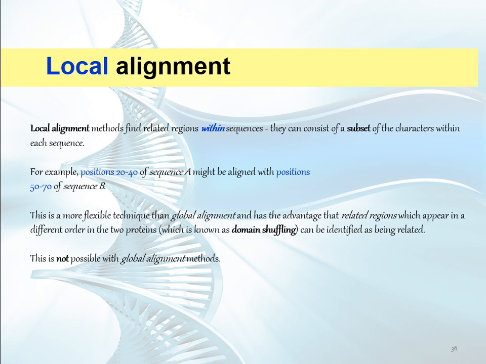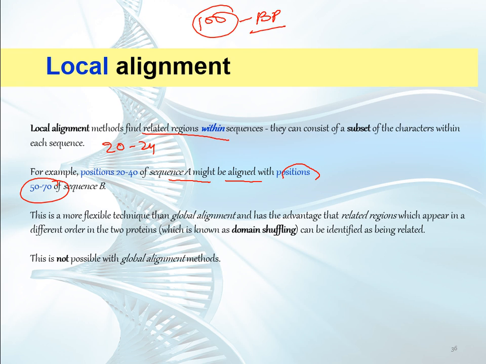So next one is local alignment. Local alignment methods find related regions within sequences. They can consist of a subset of the characters within each sequence. For example, positions 20 to 40 of sequence A might be aligned with positions 50 to 70 of sequence B. Suppose the sequences contain 100 base pairs. So 20 to 40 of one sequence is going to be aligned with 50 to 70 of sequence B. This is going to be matched.